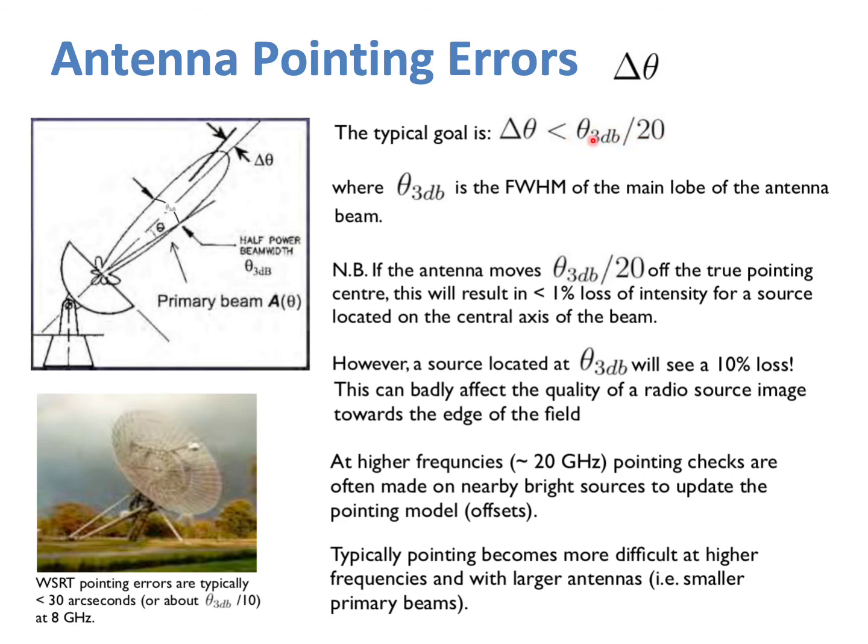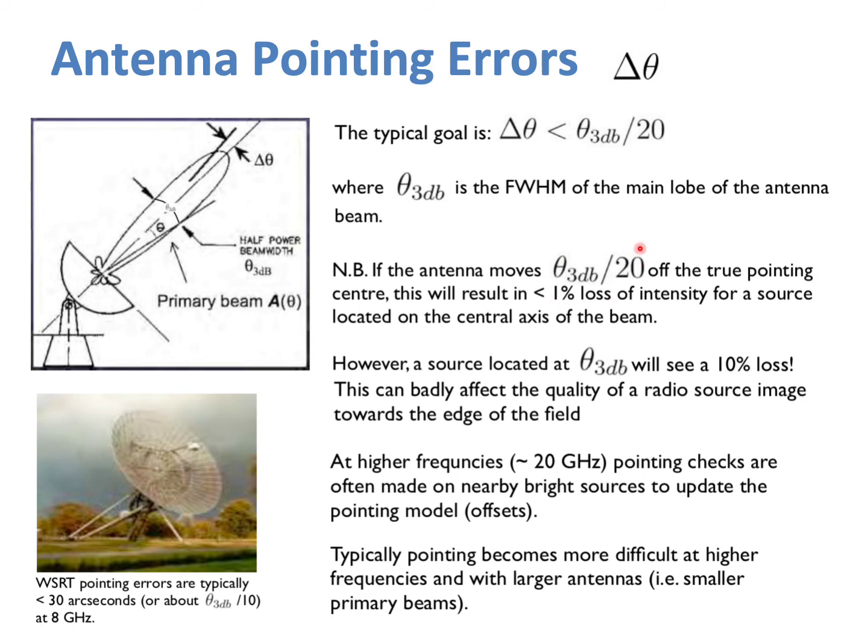So this theta 3 dB is just the full width half max of the main beam, and we want our pointing error, delta theta, to be less than 1/20th of that. So if, for some reason, gravity or wind, your antenna is pointing 1/20th of a full width half max away from where you think you're pointing, if you're pointing at some bright source, you will lose less than 1% of the intensity from that source.